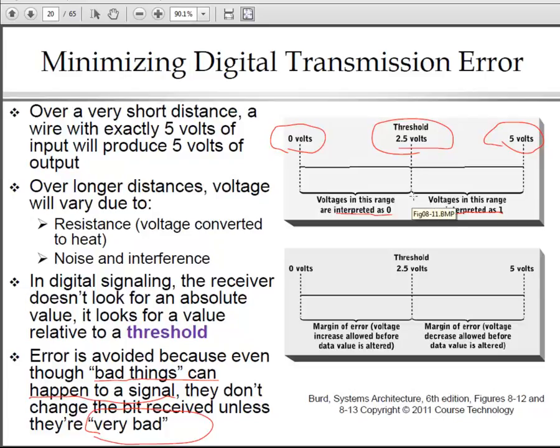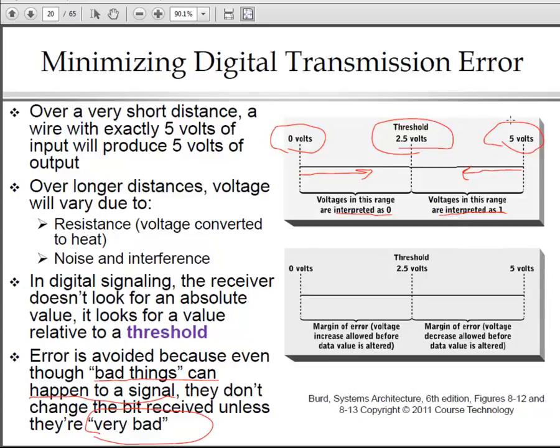Take a threshold in the middle, and basically the bigger the range between the 0 and the 1 value you start with, the more room there is for a bad thing to drag 0 up towards the threshold or to drag 5 down towards the threshold, but without changing the interpretation once the signal is received by the receiver.